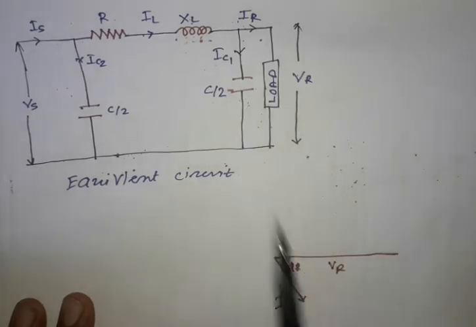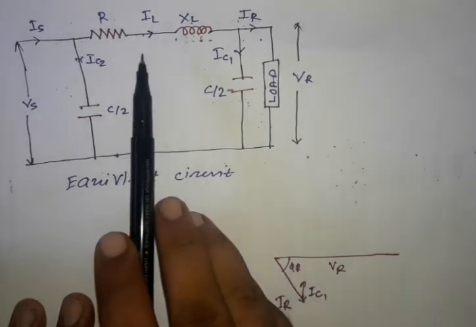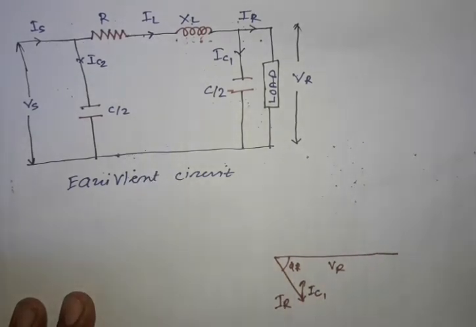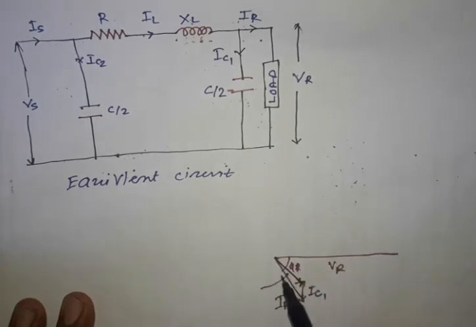So here is voltage VR, and at 90 degrees to VR we draw a line for the IC1 current. Here is the IR current, and at 90 degrees to VR is IC1. The resultant of IR and IC1 gives current IL. So we draw the line IL here. So here is the line current IL.